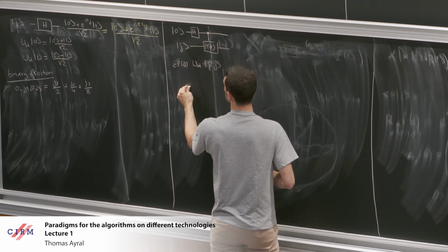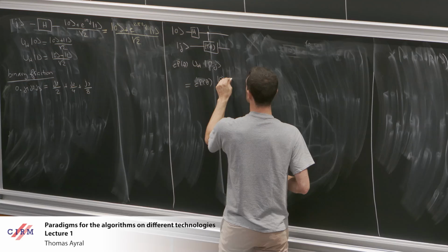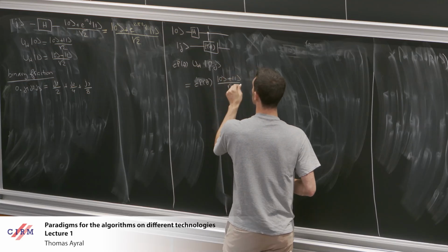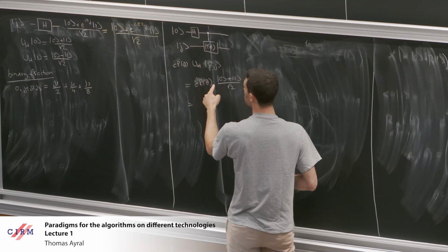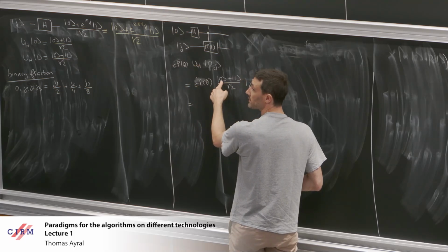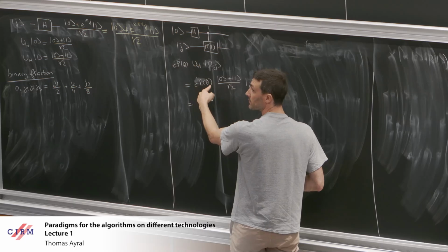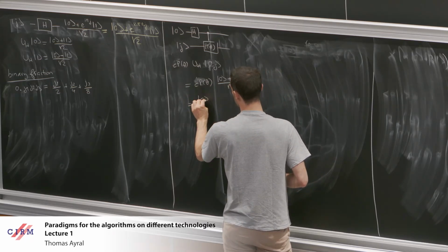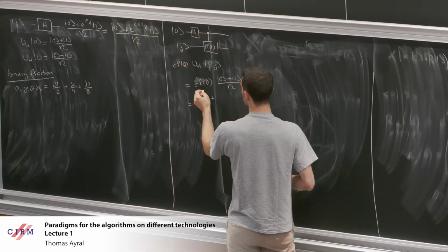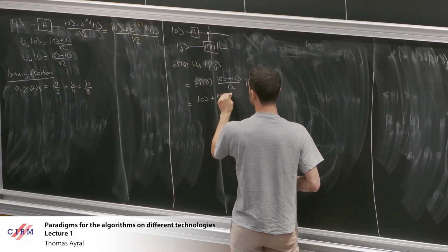Then what it gives me is the controlled phase applied to 0 plus 1 over square root 2 times j. And then here's what the control phase does. For this first 0, it doesn't do anything. And when the control bit is 1, I apply the phase to the second qubit. So now I need to apply phase of theta to j.